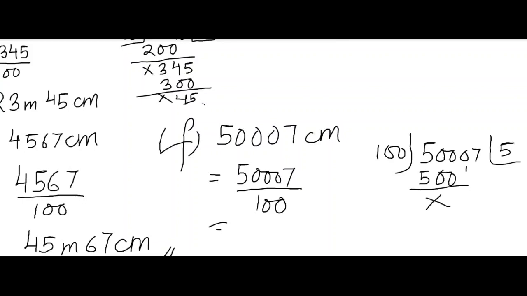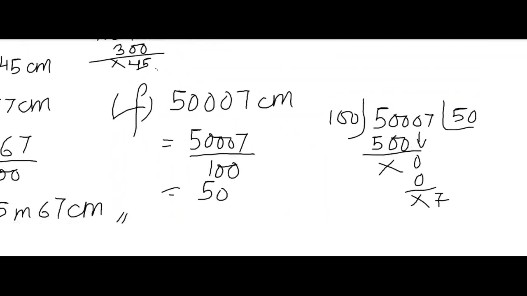After this the 0 will come down. 100 zeros are 0 and 7 is there. 100 zeros are zeros, 7 will be there. That will be 500 meter 7 centimeter.